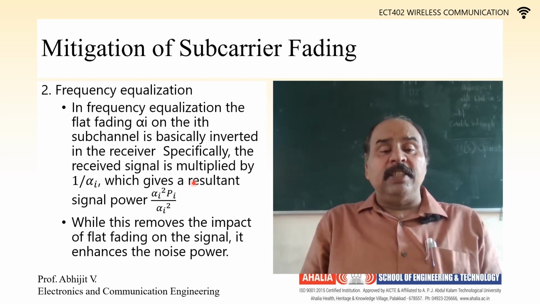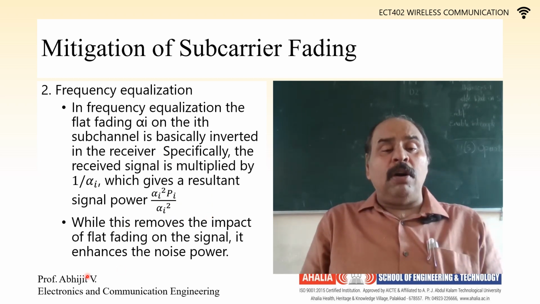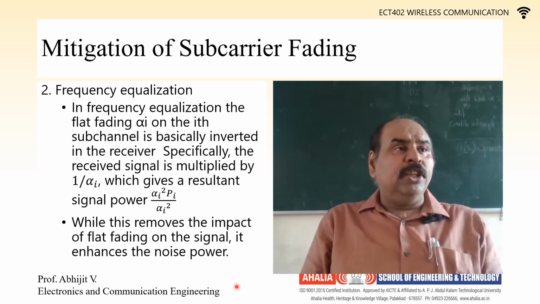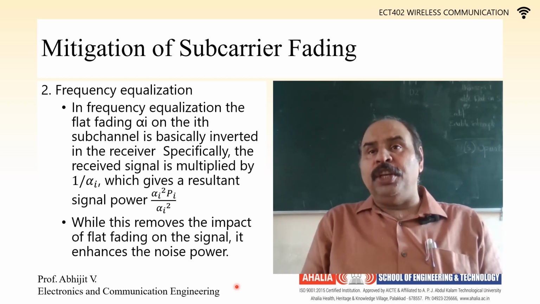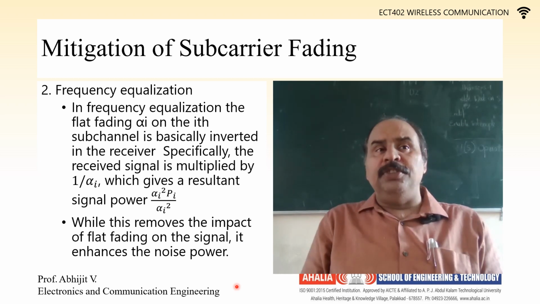Specifically, the received signal is multiplied by 1 by alpha i, which gives a resultant signal power alpha i square Pi by alpha i square. While this removes the impact of flat fading on the signal, it enhances the noise power. The disadvantage of frequency equalization is that the noise power increases.